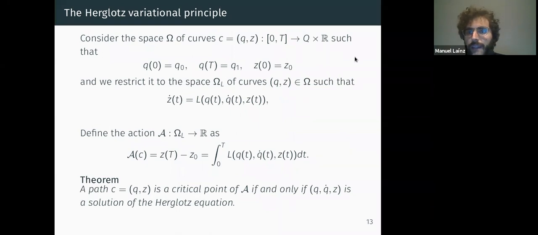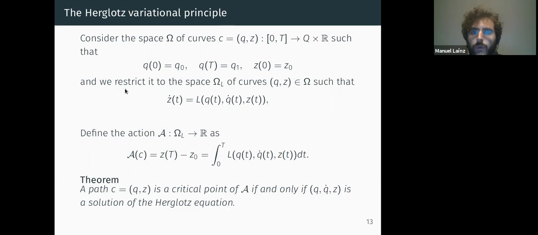They also satisfy minimum principles. The Lagrangian vector field satisfies the Herglotz variational principle that can be written like this, which is kind of a vakonomic principle. We will consider the space of curves from the closed interval 0 to t into Q times R, such that they have boundary conditions for the q part and, for the z part, only an initial condition.